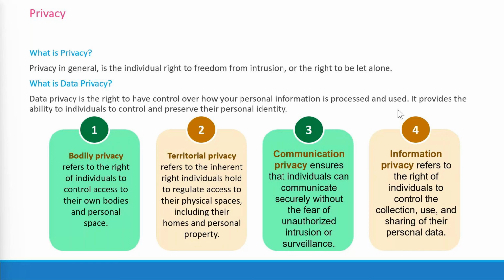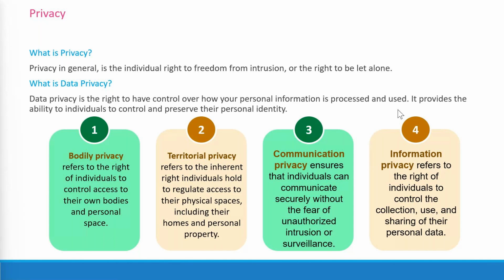In general, the data privacy laws focus on your data privacy or information privacy, right? If you see, privacy has four different aspects. One is your bodily privacy, which refers to your control over your body, like who can touch you, or if anyone is trying to take a photograph or a video, you have your rights over that.